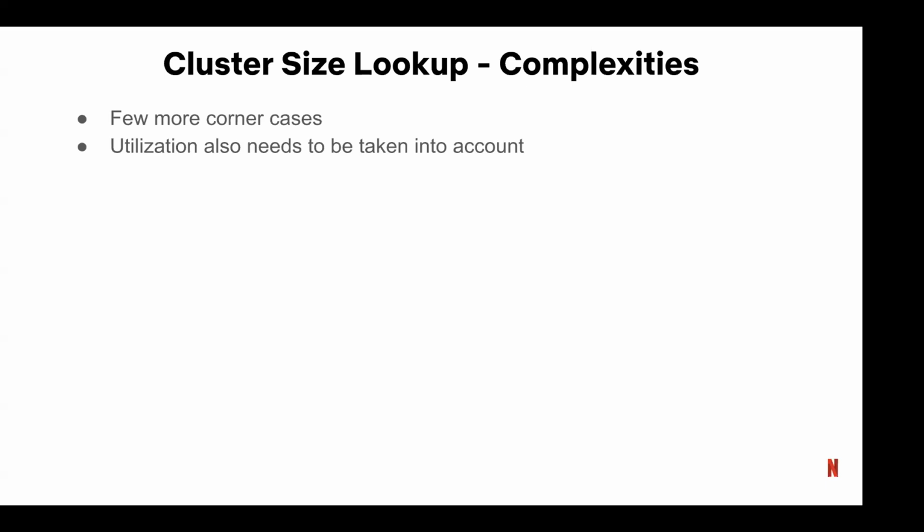Because if you need to rescale your router and you pick a new cluster size, you don't want to pick a cluster size where the resource utilization will be like 95%. You want a healthier resource utilization of maybe 70 or 80%.